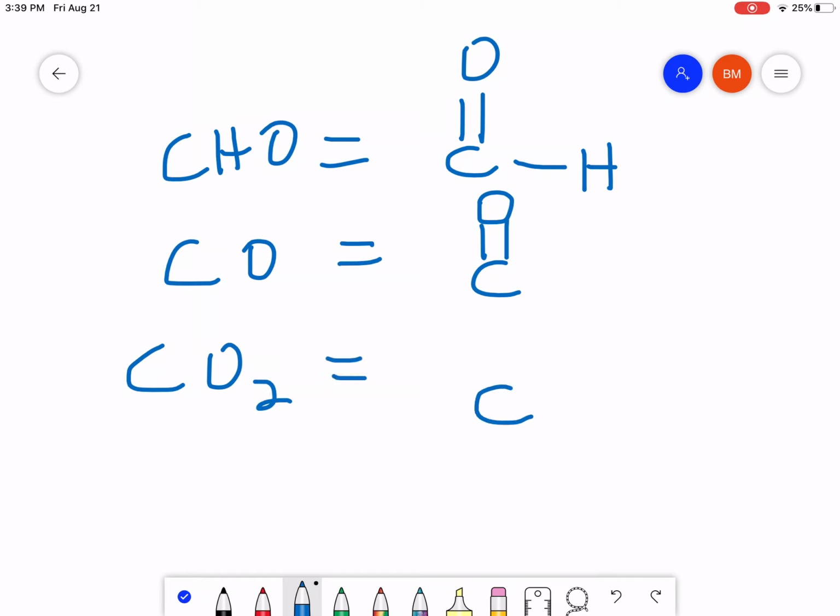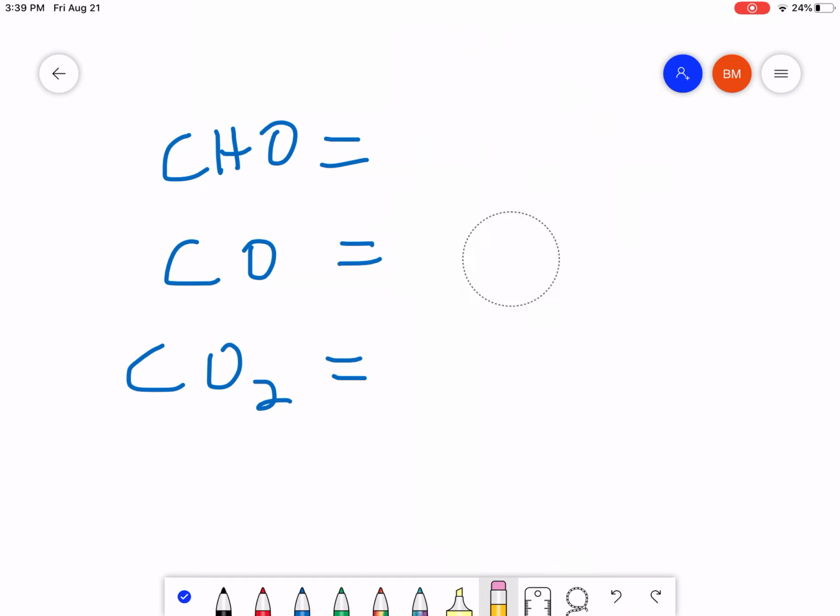That means you have a carbon double bonded to O and also single bonded to another carbon. Those look a little funny sometimes, and that can be a little bit tricky for beginning students to get the hang of, so I wanted you to be aware of them. It'll probably make your life easier if you can just put these 3 to memory. All right. Let me show you a couple of examples.